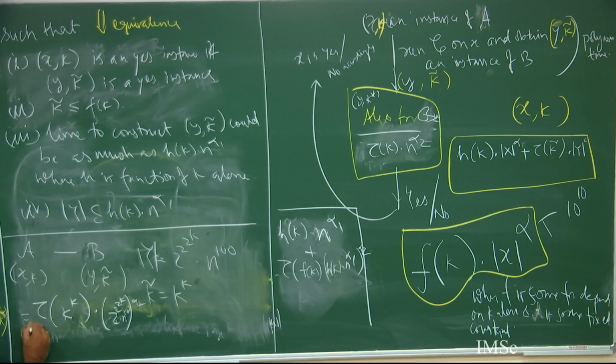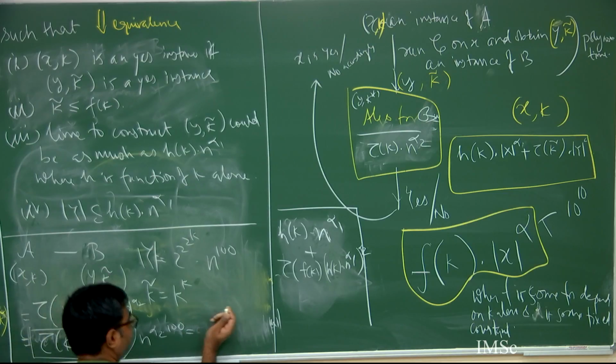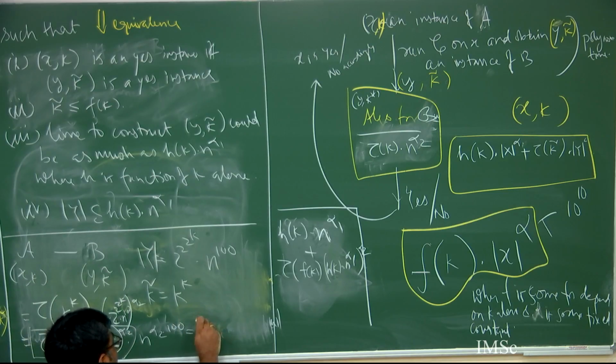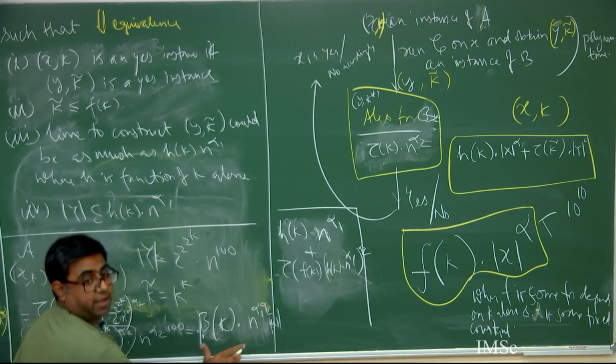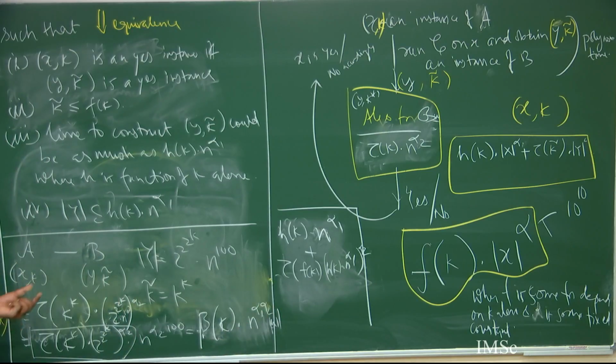Now I can think of this as one function, some other function, let's call it beta of k, times n to the power alpha 1 alpha 2. Isn't this an FPT algorithm for A?